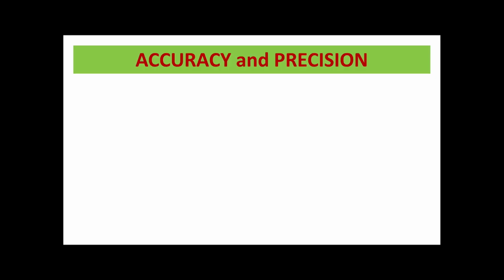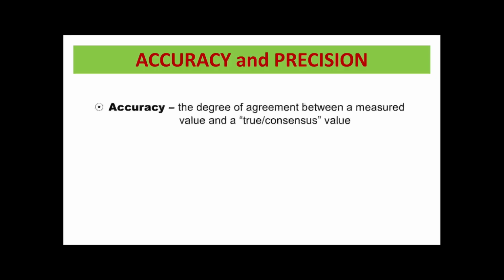Now let's differentiate accuracy and precision. First, accuracy. It is the degree of agreement between a measured value and a true or consensus value. So take note of the words. First, we have the true or consensus value. This is our target value, the value that we want to achieve in a measurement.